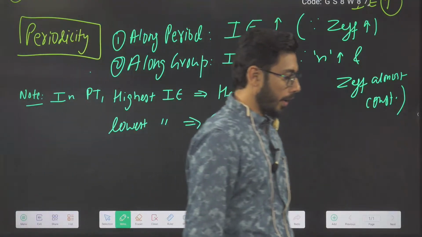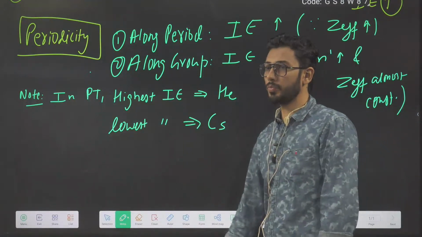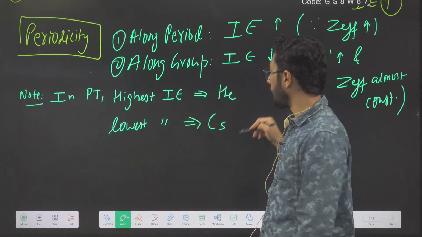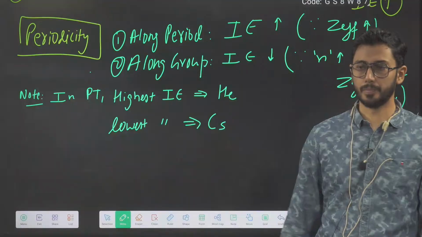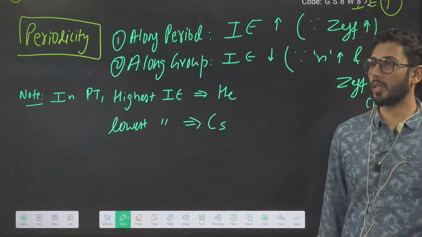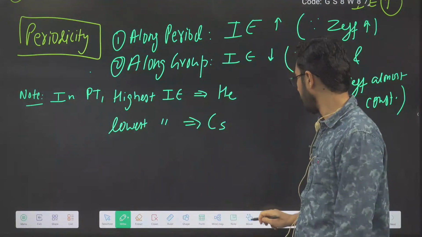Other information you can mention in the periodic table: the highest ionization enthalpy value is for helium and the lowest value is for cesium.